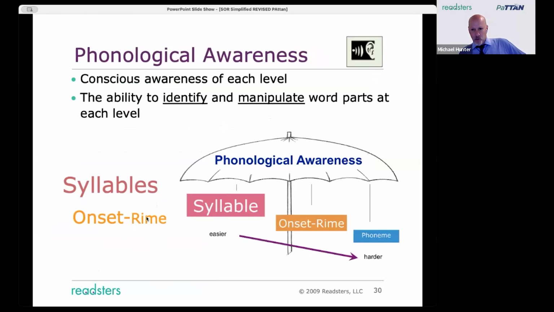The rhyme is what rhymes, R-H-Y-M-E. And then the most complex is the phoneme, which is the individual sounds within a syllable. That's what the letters and the spelling patterns represent, and that's why students have to be able to work at the phoneme level. To be able to decode, they have to be able to tune in to the individual sounds in a spoken word.